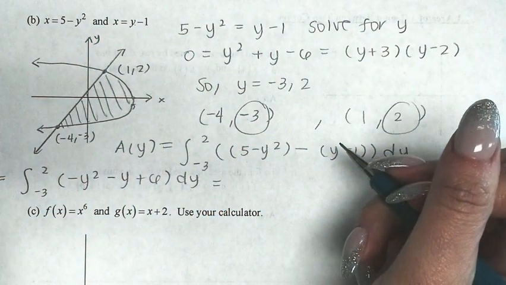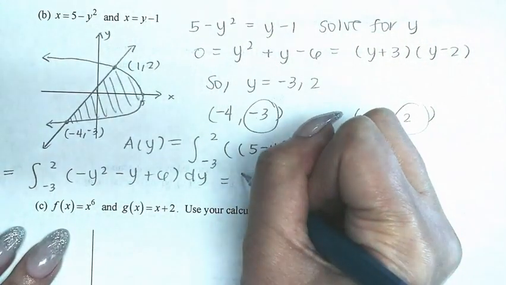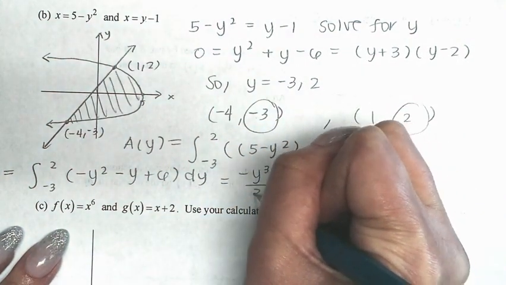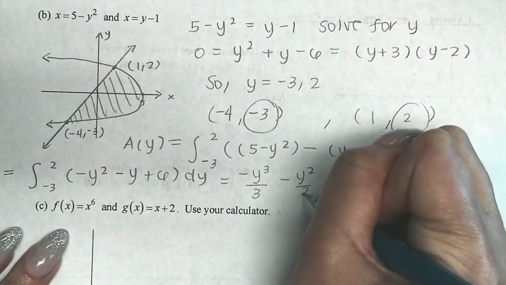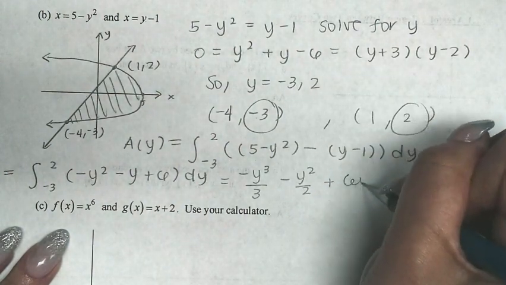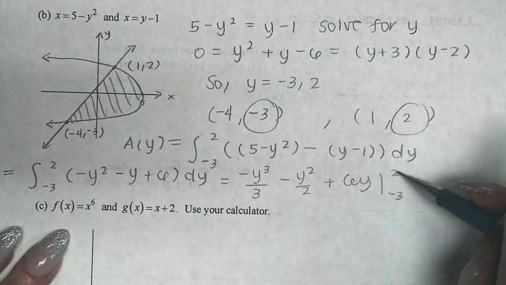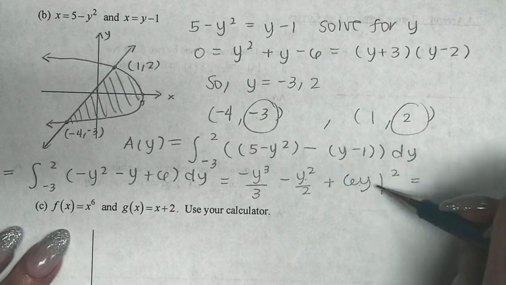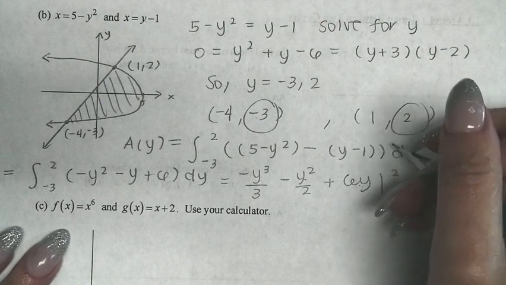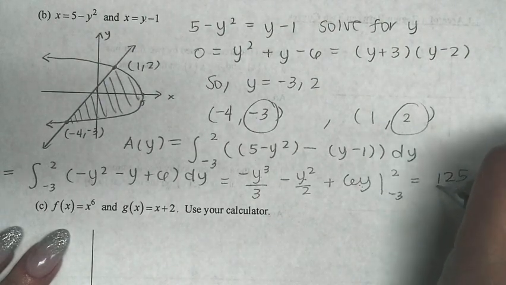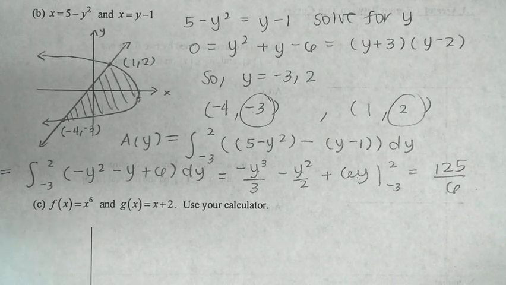Now that everything is set and organized, you have that the integral is going to be -y cubed divided by 3 minus y squared divided by 2 plus 6y, and then you're going to evaluate this from -3 to 2. Remember, you're going to plug the 2 here, here, here, minus, and then the -3 here, here, here, and that should give you 125 divided by 6. Okay, so that's for this example.